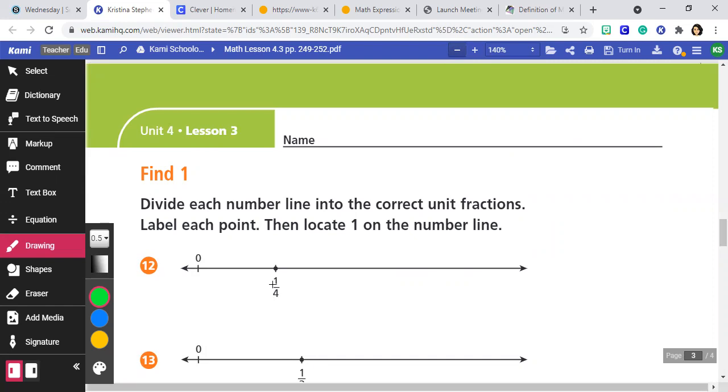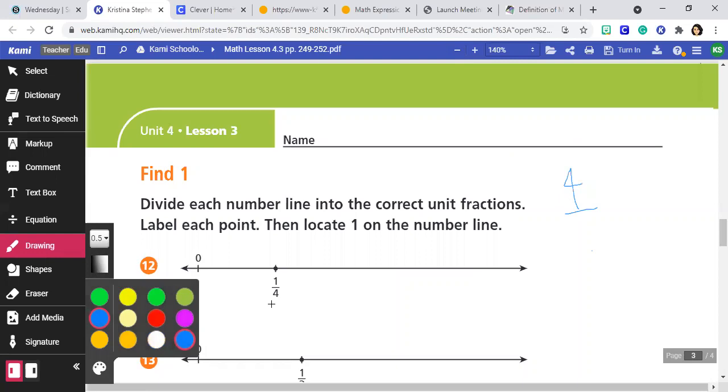Okay, well, if I look at this unit fraction, I know my denominator is 4. And when my denominator and my numerator match, it is going to give us the number 1. So we are looking to find 4/4. So I'm going to try to place a line or divide another segment to get 2/4.